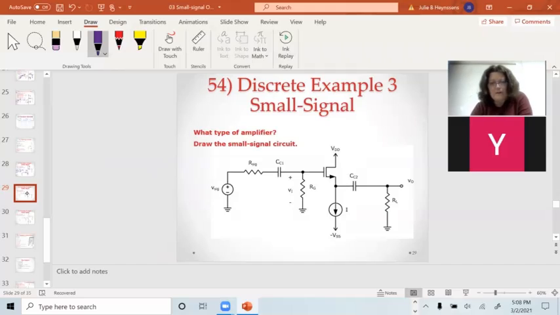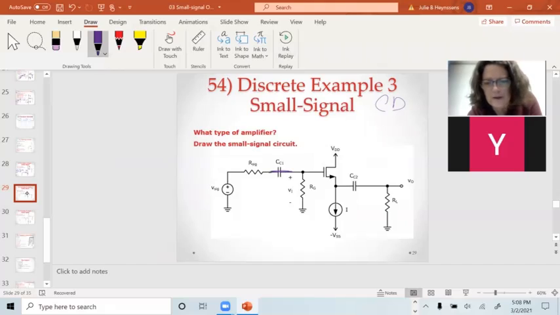Okay, so this one has inputs on the gate, outputs on the source. This is a common drain. We can do the same thing here. It's the same process. I'm drawing the AC circuit, small signal and AC are the same thing.